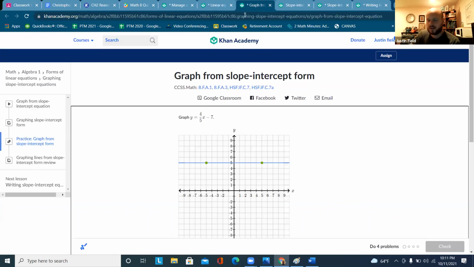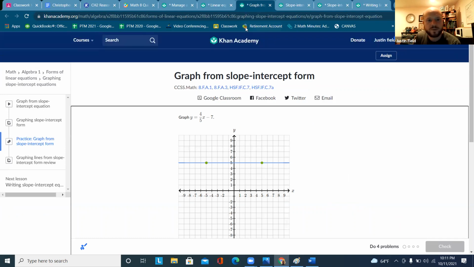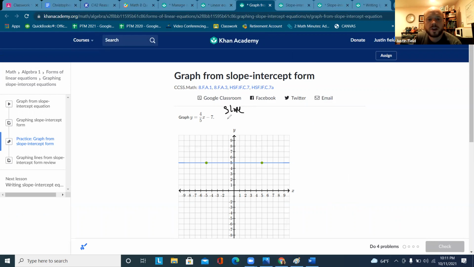Moving on. Okay, graph the line in slope-intercept form. So once again, we have a slope, we have a y-intercept. Start with point number 1 at the y-intercept. That is the first thing that you do.